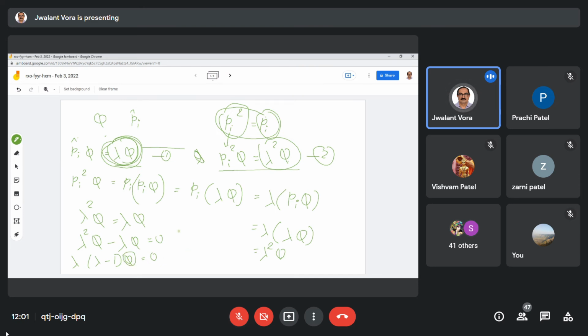So either lambda is equal to 0, or this bracket is equal to 0, and lambda minus 1 is equal to 0. Therefore, lambda is equal to 1. So બે values મળે છે. Lambda is equal to 0 અને lambda is equal to 1. So 7 માર્ક માટે આટલું પ્રિપેર કરજો.